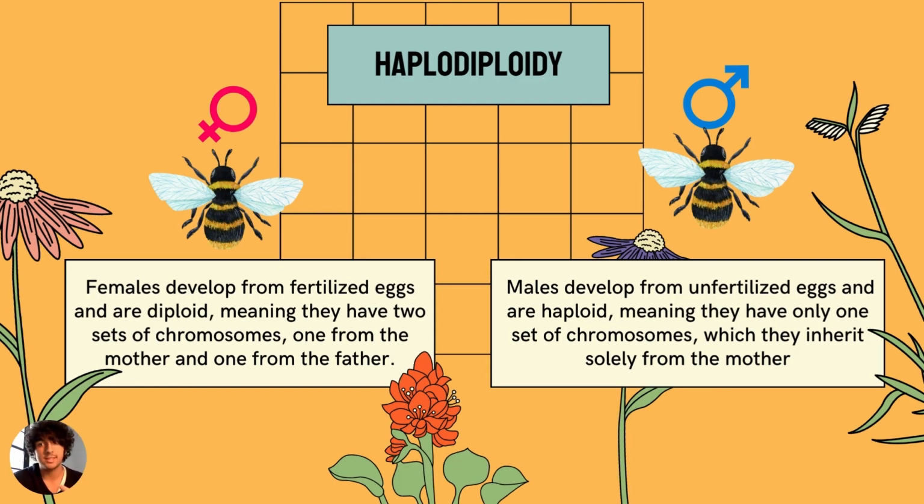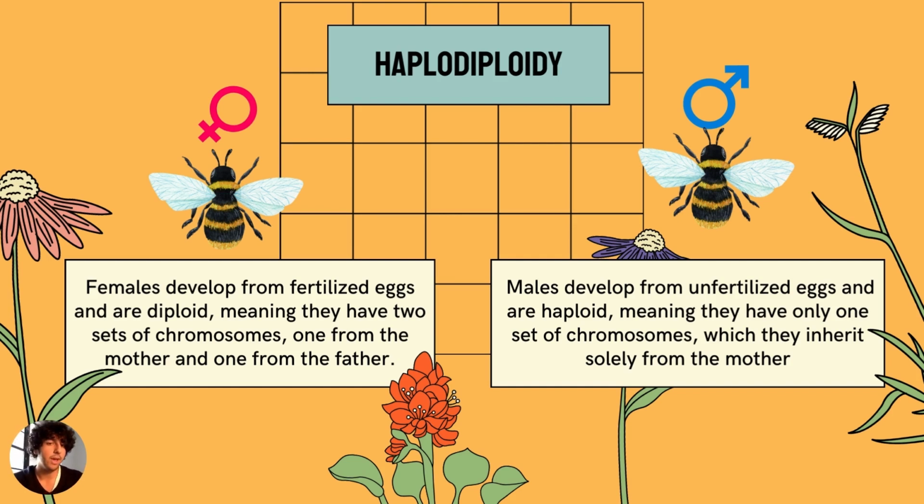Haplodiploidy is a sex determination system in which males develop from unfertilized eggs and are haploid, and females develop from fertilized eggs and are diploid.